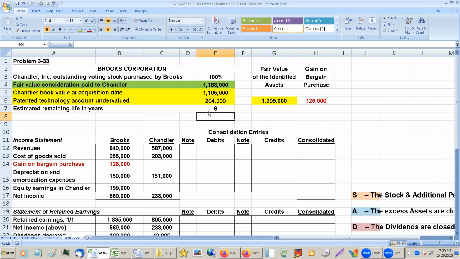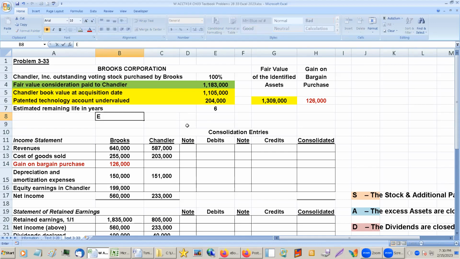We may as well do the patent technology. So this would be like an amortization expense. I'll say expenses. That far over there.